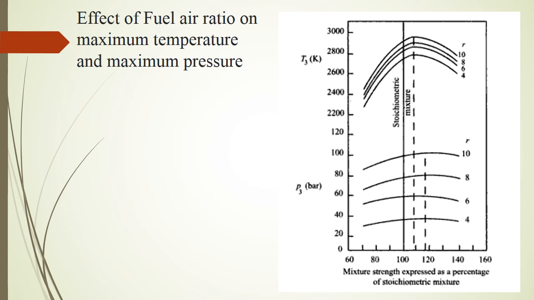The pressure of gas in the given space depends upon its temperature and the number of molecules. The curve of P3 therefore follows T3, but because of the increasing number of molecules, P3 does not start to decrease until the mixture is somewhat richer than that for maximum T3, that is about 20% rich, as shown in the figure.